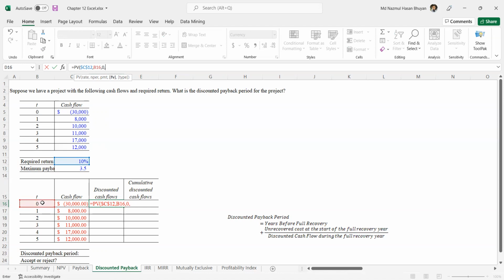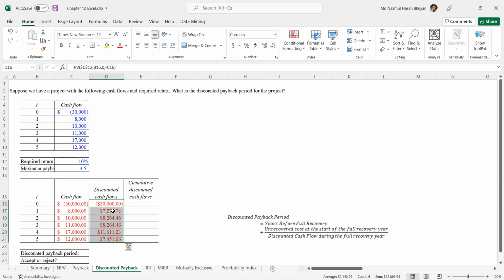Next, your future value. You want to calculate the present value of your cash flow, so your future value here is your cash flow. In this way, you're going to get the value of your cash flow in the future years at the current time. Then close the bracket, hit enter.